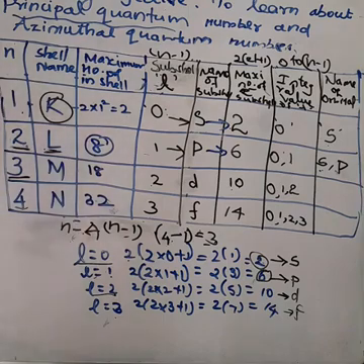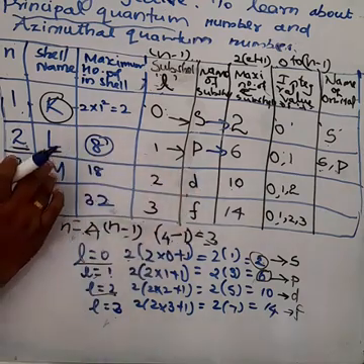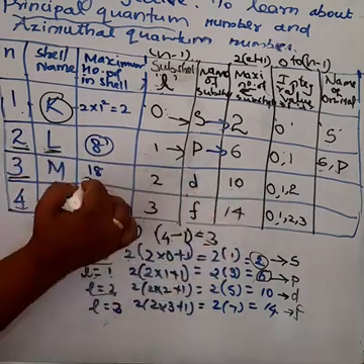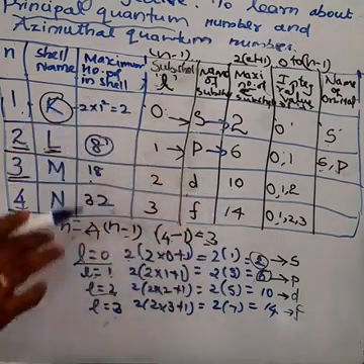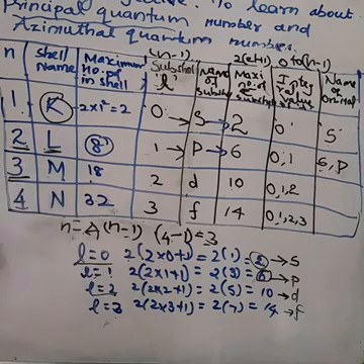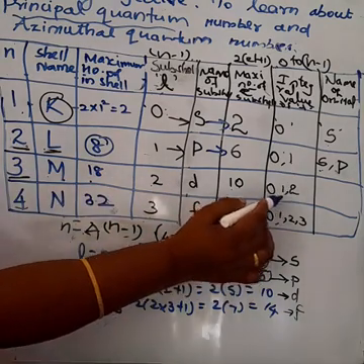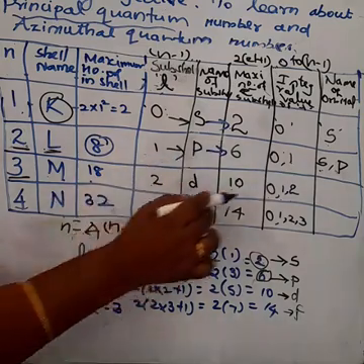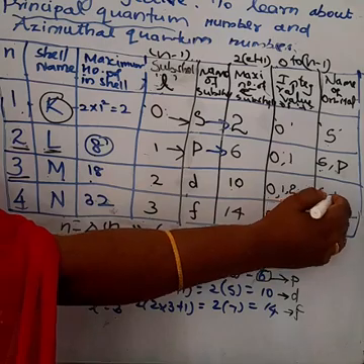Understood? And the third orbit, that is M orbit. We know a maximum of 18 electrons can be accommodated in the M orbit. The orbitals present within the M orbit correspond to the integral values of L: 0, 1 and 2. 0 indicates s orbital, 1 indicates p orbital and 2 indicates d orbital.